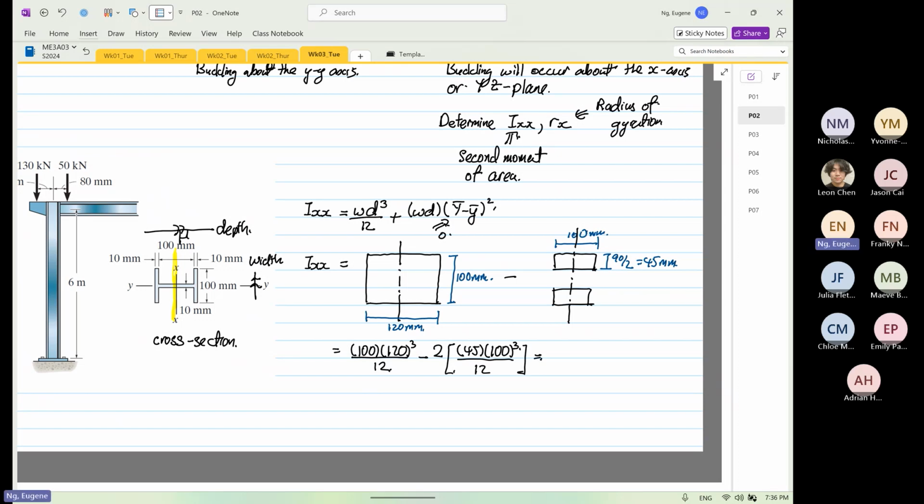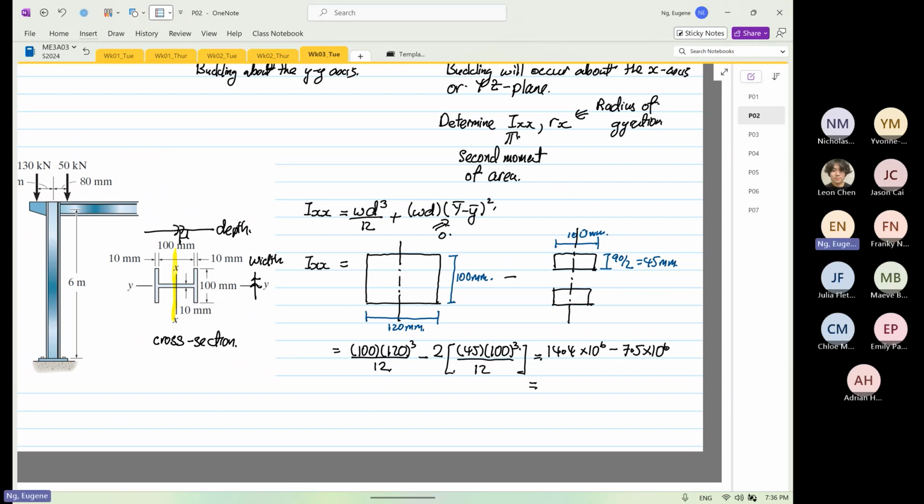So this will be equal to, if I can find my calculator. So 120 times 100 power 3... so 120 power 3 times 100 divided by 12. So it's equal to 14.4 times 10 to the power 6 minus 45 times 100 power 3 divided by 12 times 2 is 7.5 times 10 to the power 6.